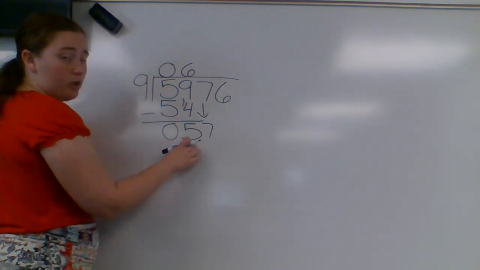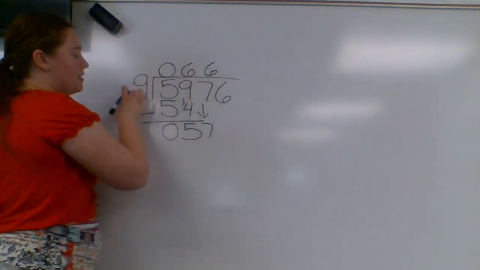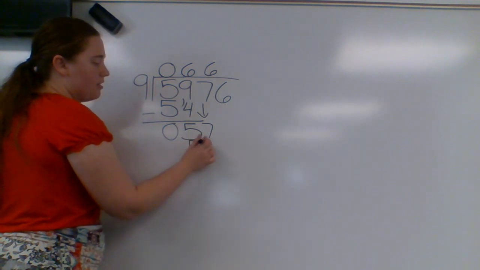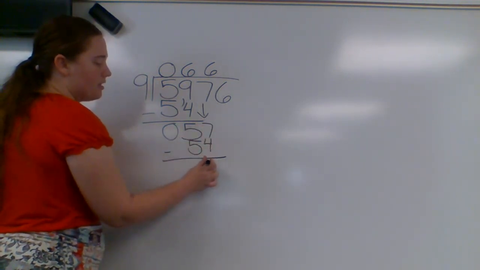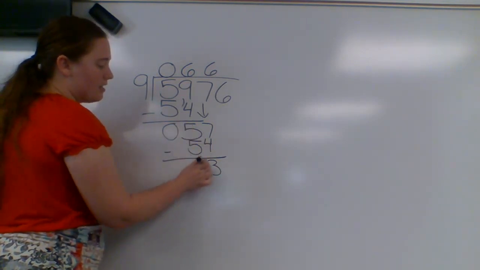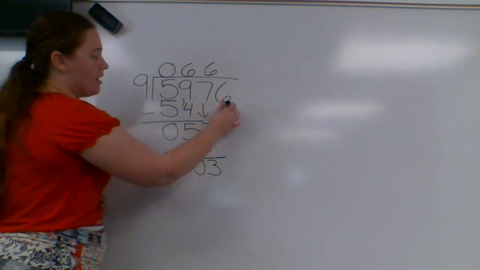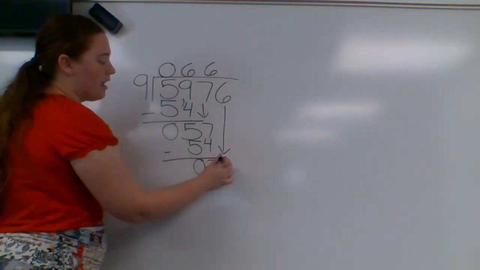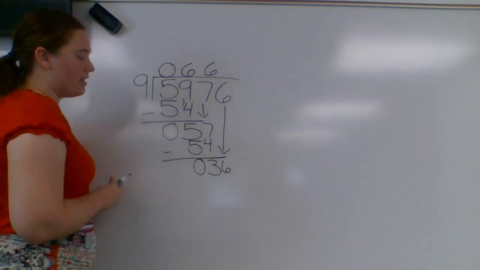I think 9 will go into 57 that many times. So let's try 6 again. 6 times 9, like we just said, 54. Subtract. 7 minus 4 is 3. And 5 minus 5 is 0. And 3 is smaller than 9. Carry down the 6. Now I have 36.